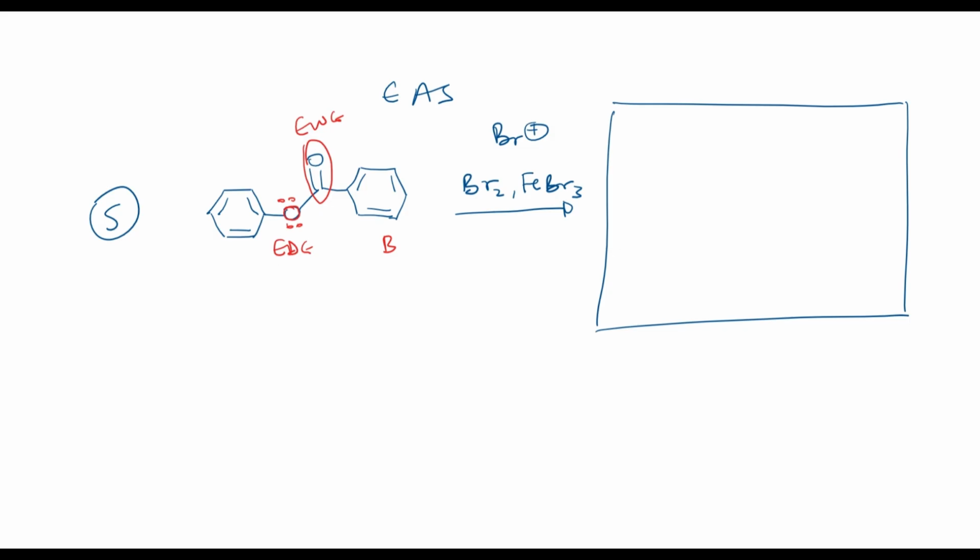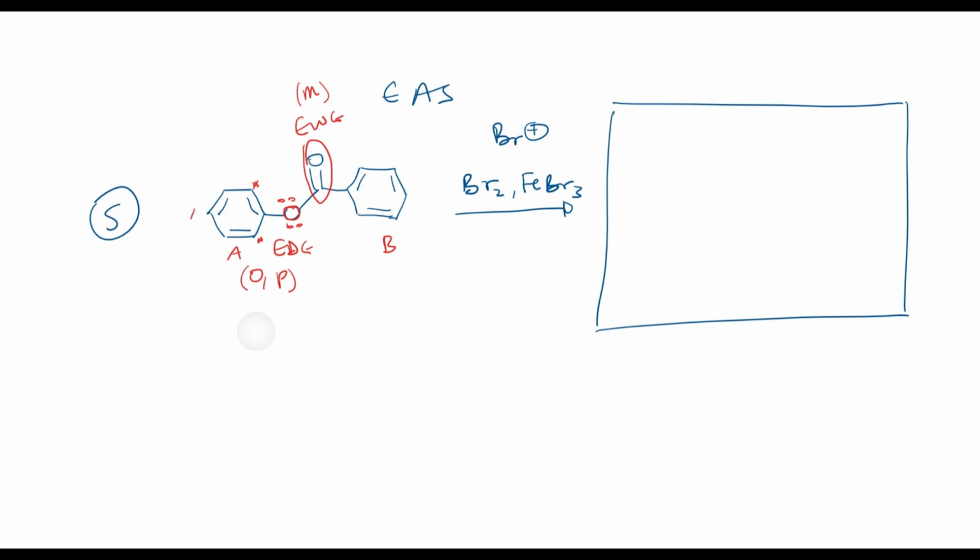For what part of ring A are we going to attach the bromonium ion to? The electron donating groups are generally ortho-para directors, while electron withdrawing groups are meta directors. So the ortho positions from the oxygen on ring A are this or this. So we can attach the bromine to either of those positions.